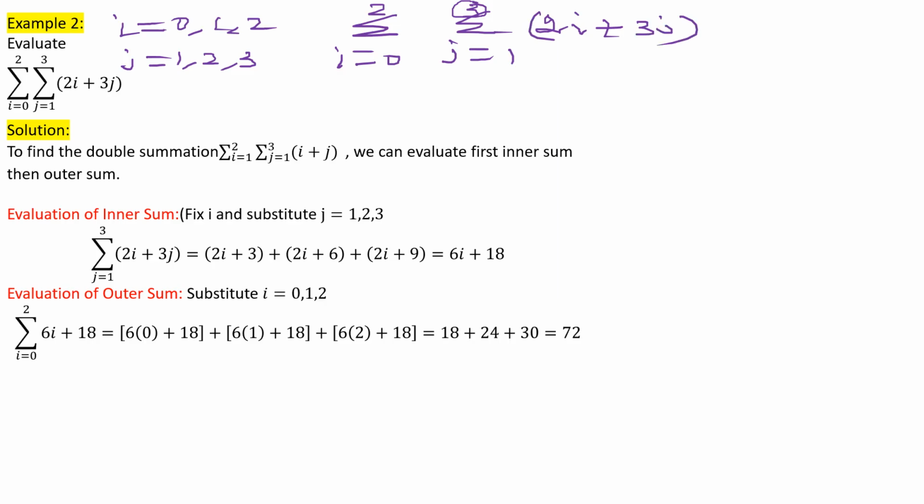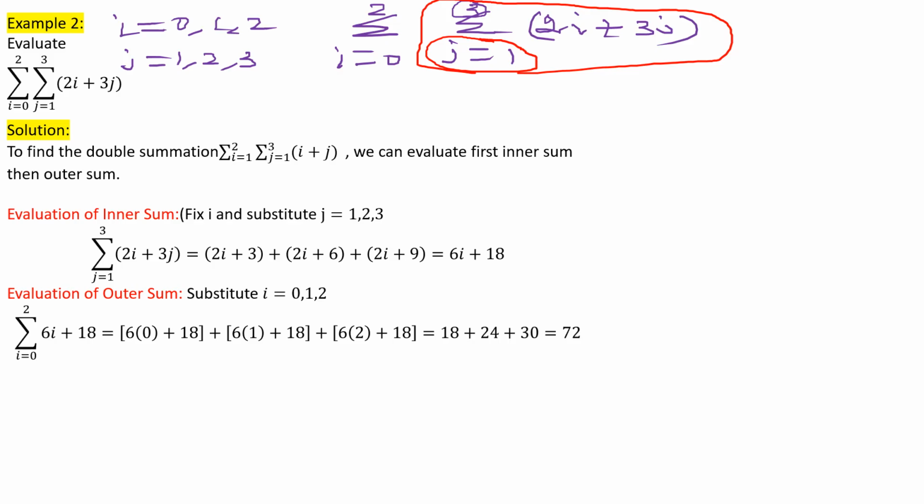As I said before, first you have to perform the inner sum. In this inner sum, we have to replace the j value by 1, then 2, then 3, and fix the i value as it is.